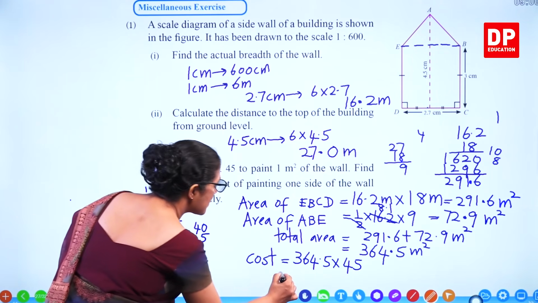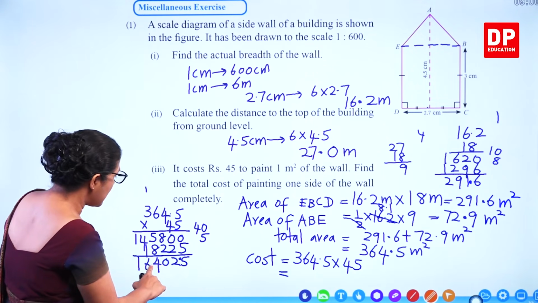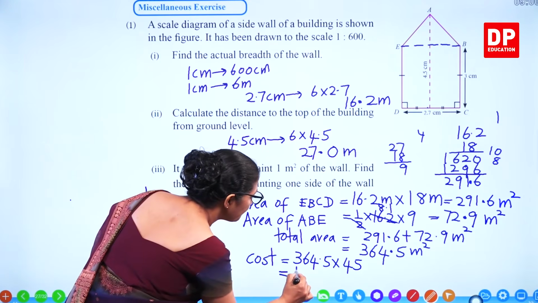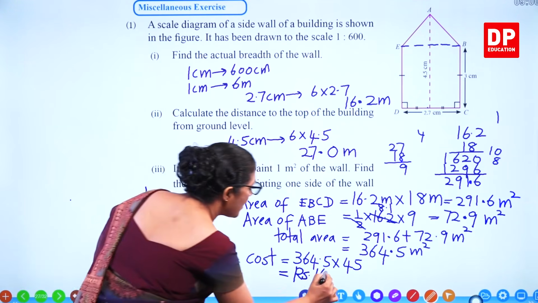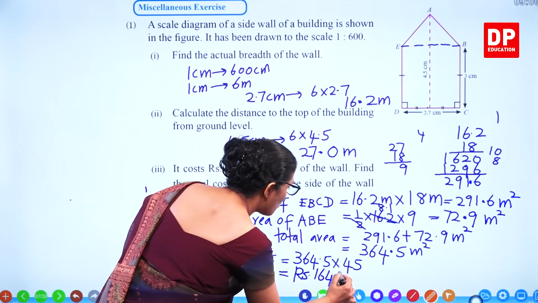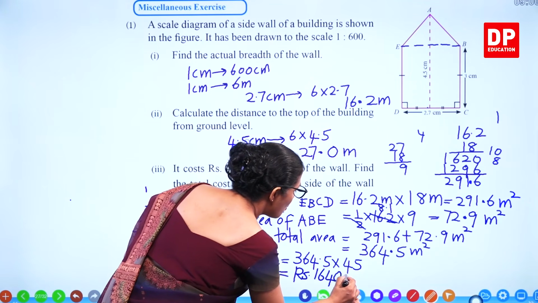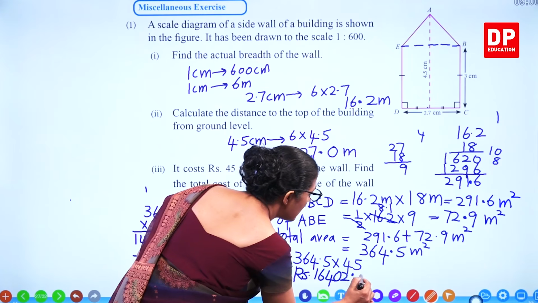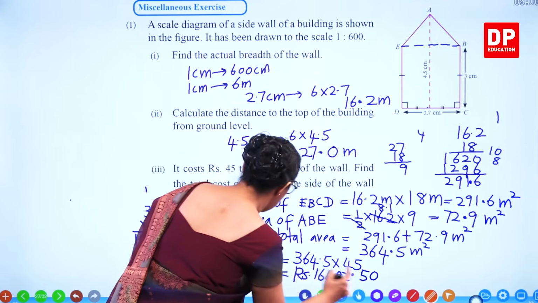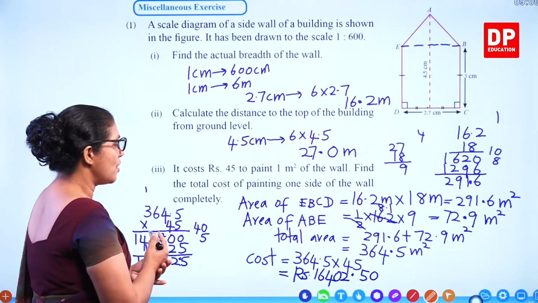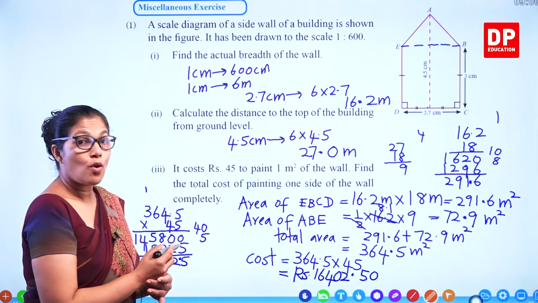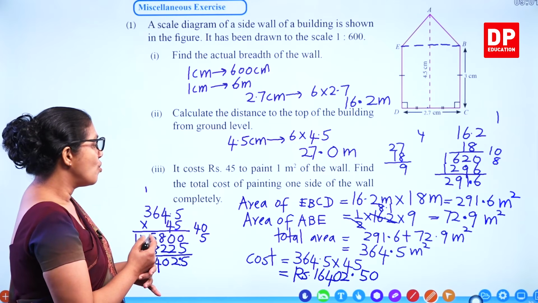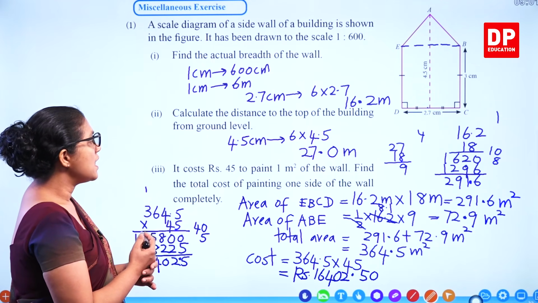So this is 16,402 and 50 cents. So the total cost is 16,402 rupees and 50 cents.